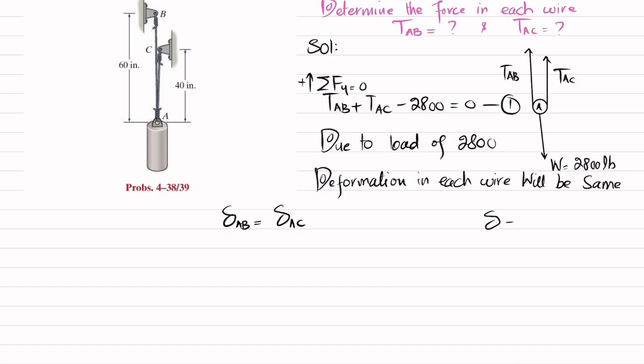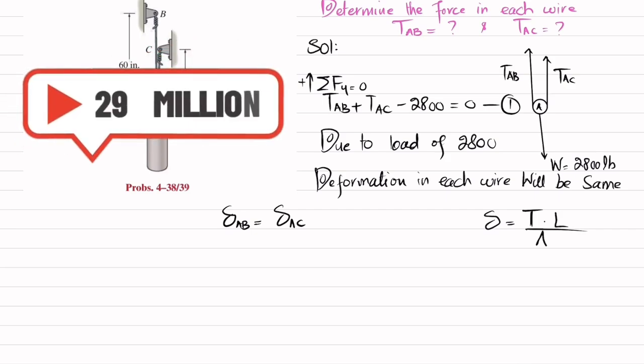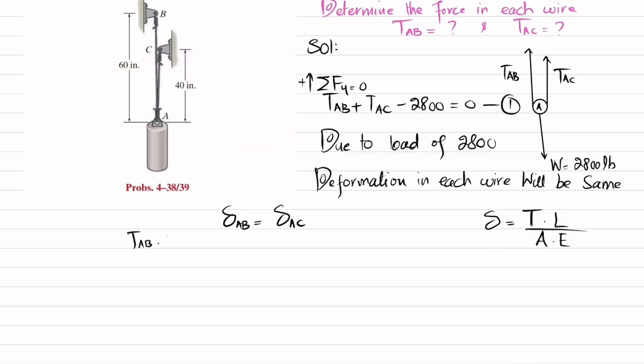Since we know that delta is equal to load or force times length divided by A times E, delta AB will be equal to TAB times length of AB divided by area of AB times E. E will be the same for both. And the same is for TAC times length AC divided by area AC times E. So you can just put the value.